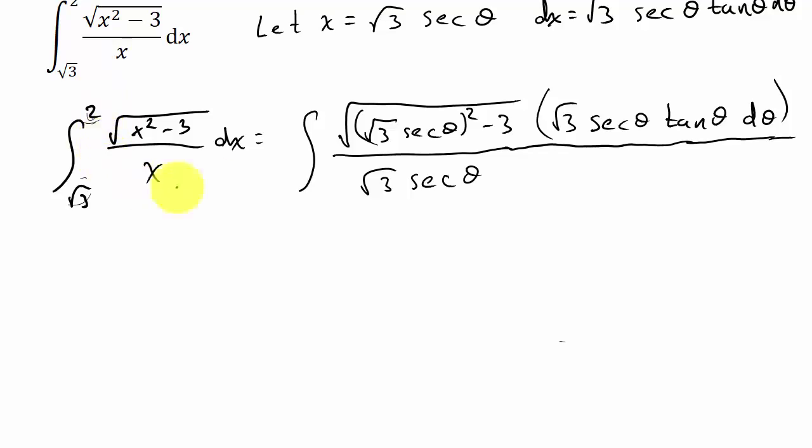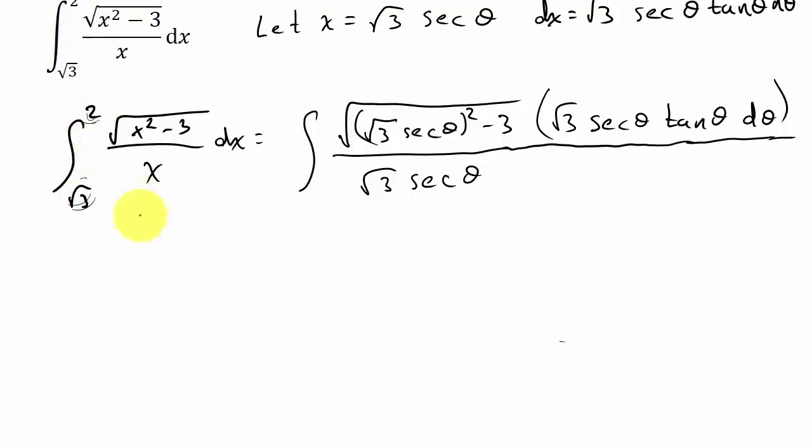Remember, now we're in terms of theta, so I need to rewrite these limits, and you might be familiar with this from when you did integrals using u substitution. We need to get our limits in terms of theta. Remember these limits here are x values.